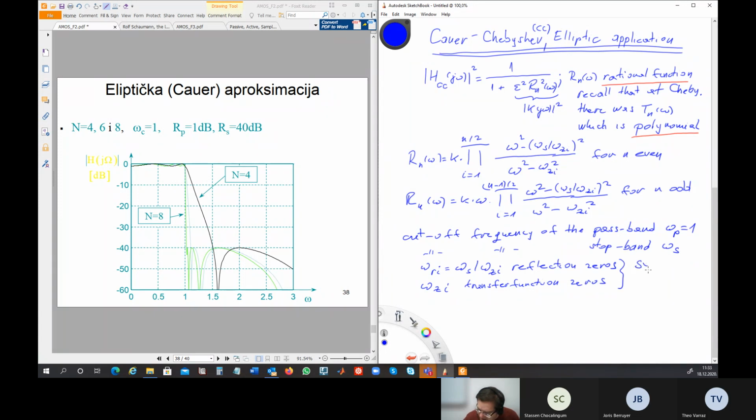They are both symmetrical around square root of omega s. Of course, omega r times omega z is equal to omega s. So this is small truth. Okay, now we can continue.